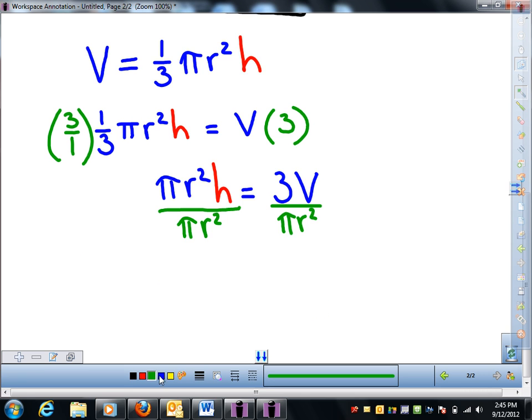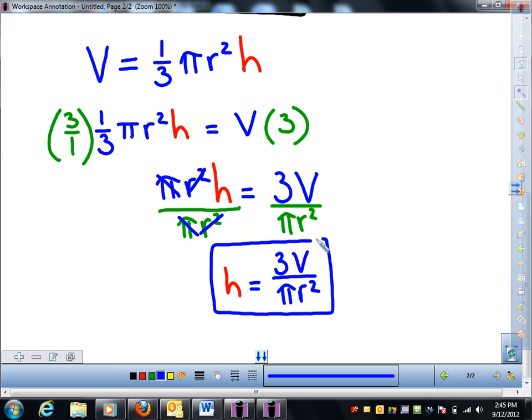So that now at this point, what will happen? The pi's would cancel out, the r squareds would cancel out, and I am left with an h equal to 3 times the volume all over pi r squared, and that's how we use the RAF to also work with formula problems when numbers aren't necessarily as prevalent as the variables are.